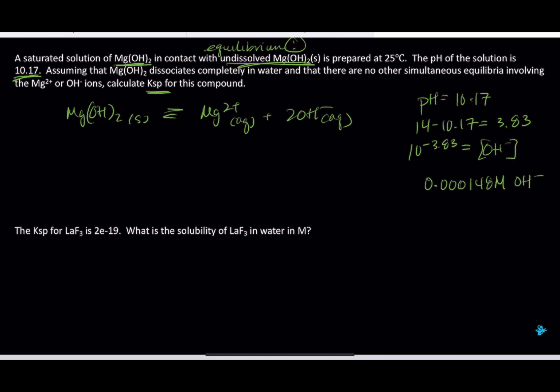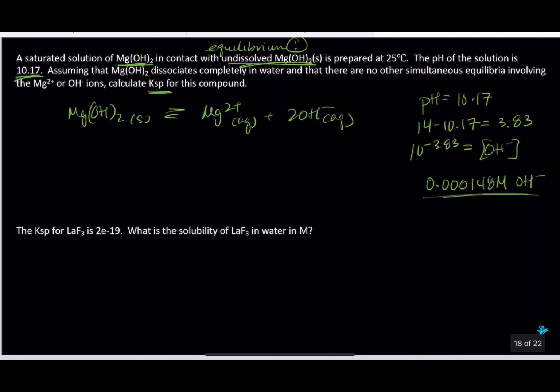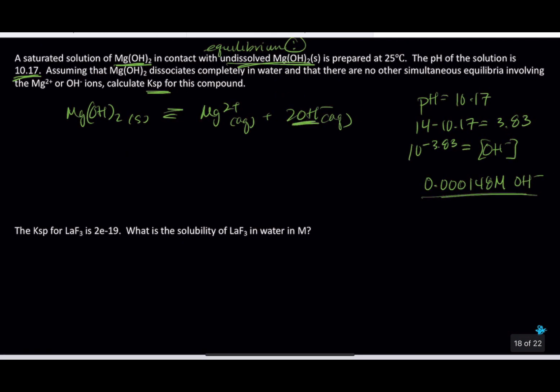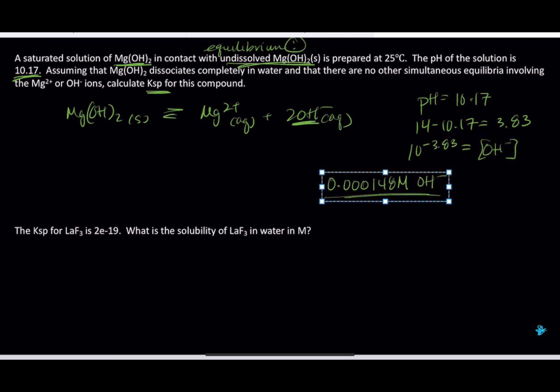And that's the concentration of hydroxide ion. And then we have to use our understanding of stoichiometry. So if this is the concentration of that, then for every 2 moles of hydroxide, there is 1 mole of magnesium, yes?